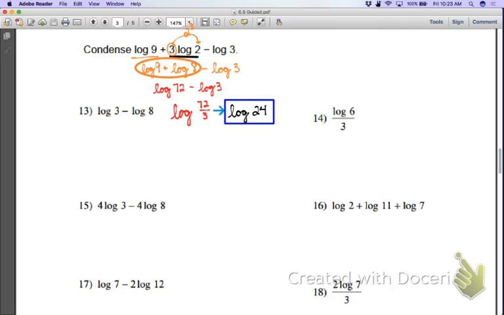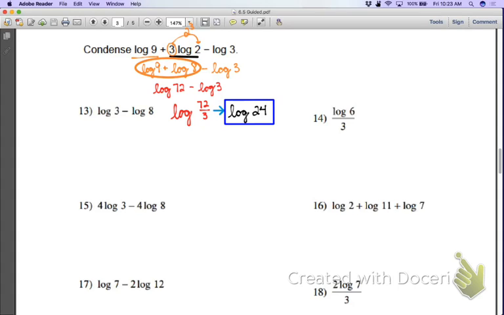This is completely condensed down. Condensed meaning the less you have, the better off you're going to be. Always take, if you have a number that's out in front, put it as a power. If it's a subtraction, that value is going to go on the bottom side.